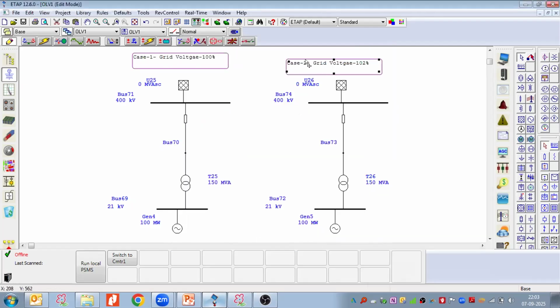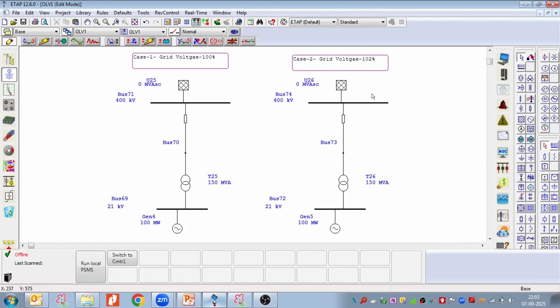Why does it increase at night? Because at night my load is less, and my transmission line is also injecting reactive power. So in that case my bus voltage or grid voltage is going to increase.